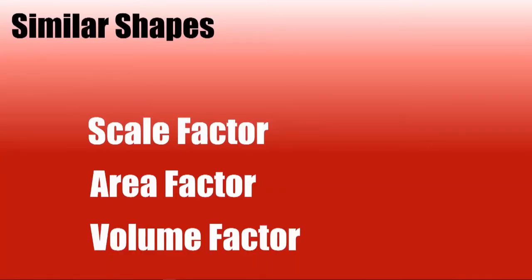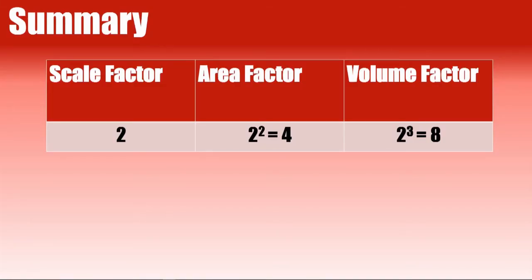So let's sum things up. We've been learning about similar shapes, their scale factors, area factors, and volume factors. So if we have a scale factor of 2, the area factor would be 2 squared, or 4, and the volume factor 2 cubed, or 8. That means the volume of the larger shape is 8 times bigger than the volume of the smaller shape if the scale factor is 2.